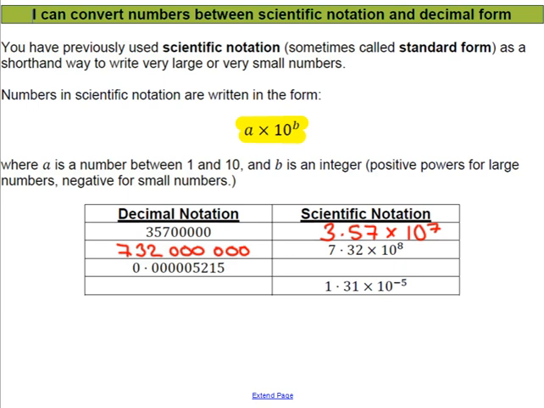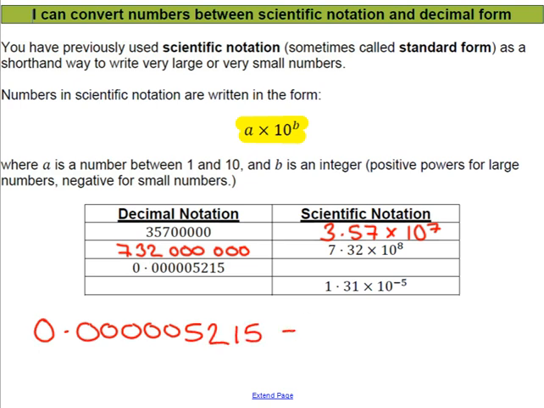What we're now looking at in the 2 examples below that is very, very small numbers. I have 0.00005215, and I'm going to change that into a scientific notation number. So let's write it out just to keep track of what we're doing. 0.00005215.